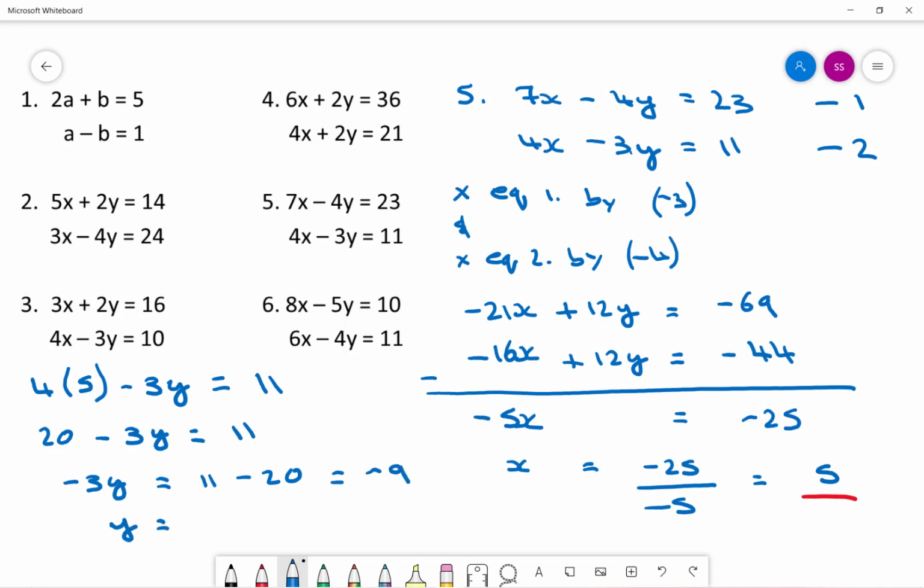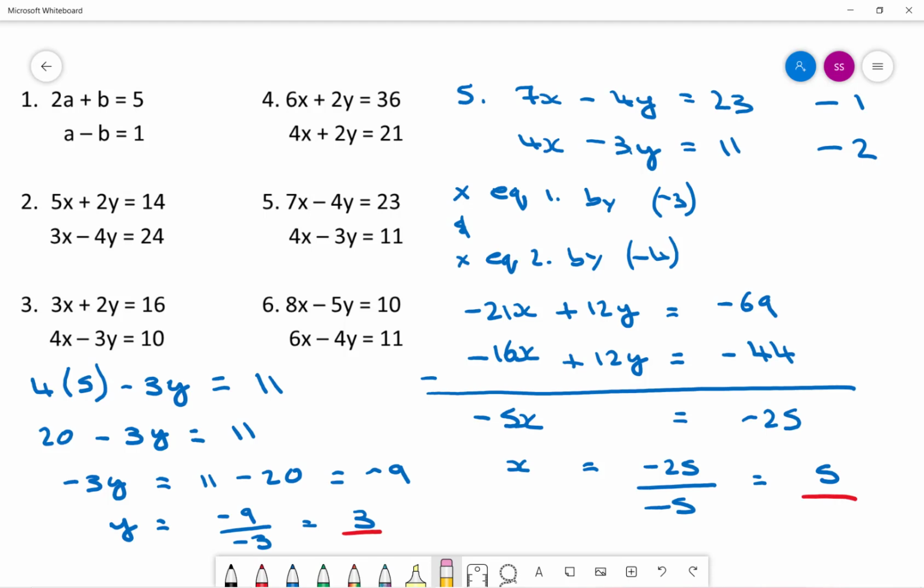And now y equals negative 9 over negative 3, which is equal to plus 3 as a value. So in this example then, for question 5, x is equal to 5 and y is equal to plus 3. Got to be careful with that one, because there's quite a few negative signs floating around, and you can easily make a mistake there by getting your signs mixed up.